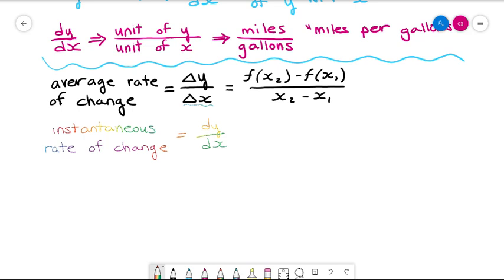We've also seen some examples where we look at the average rate of change and how we turn that into the instantaneous rate of change. We let delta x, this interval, get closer and closer to 0. So we've had a limit definition of the instantaneous change as well. This is all a nice review of what we're going to need for this section.